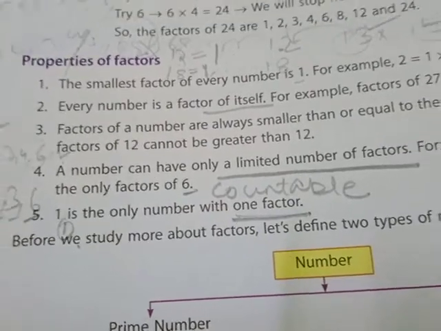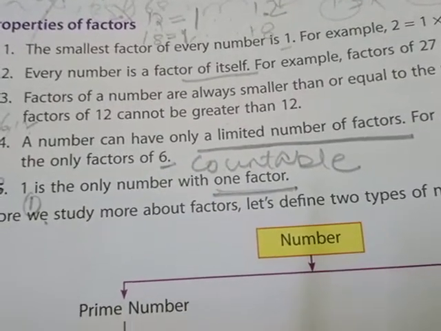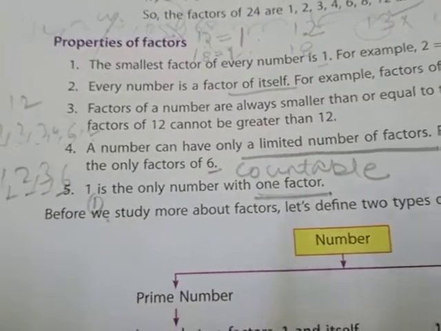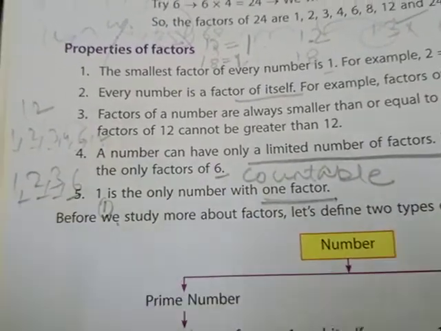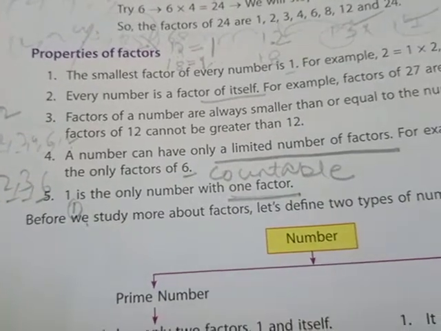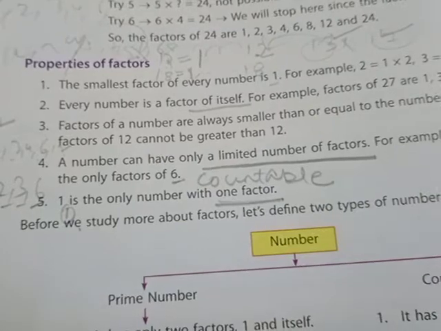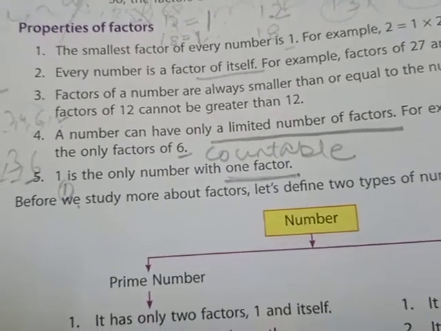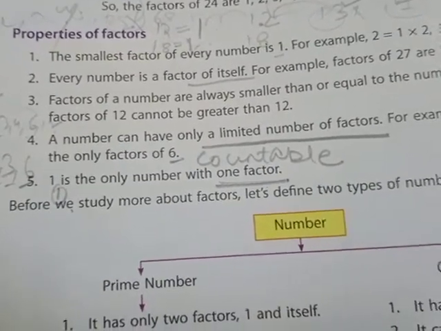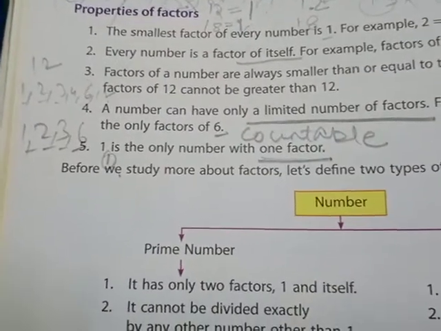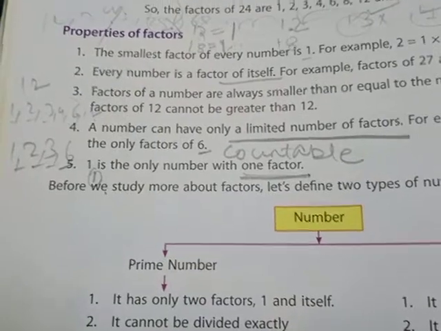Third point: the factor is always smaller than or equal to the number. It will never be more than that. The number of factors is countable, that is, limited. We can count them. Then 1 is the only number with 1 factor. This means that 1 is that number which has only 1 factor. 1 does not have more than 1 factor.